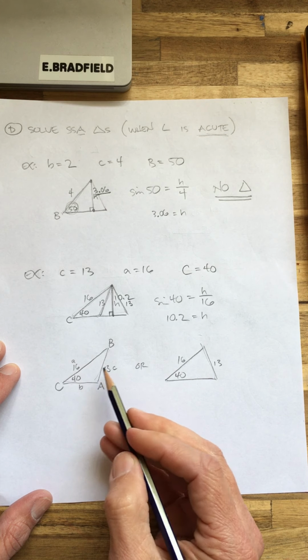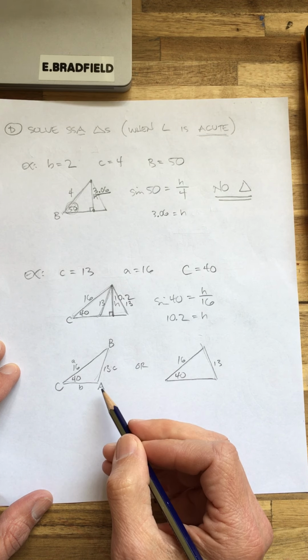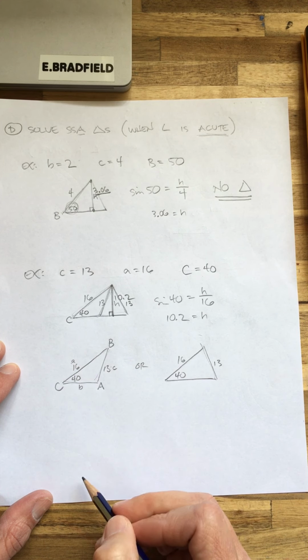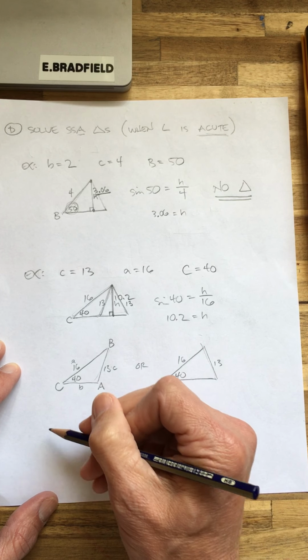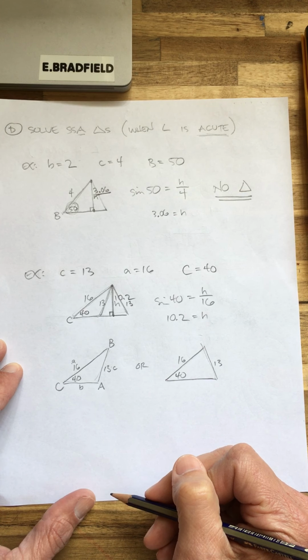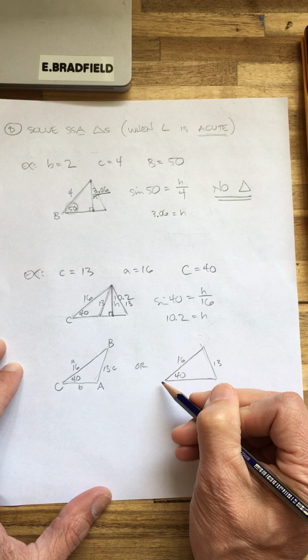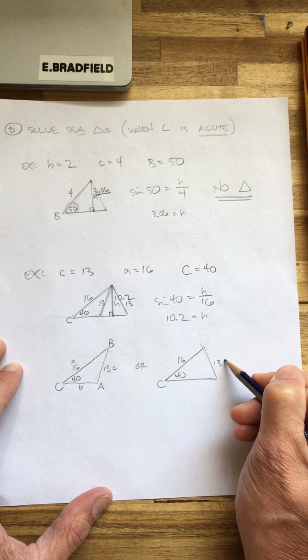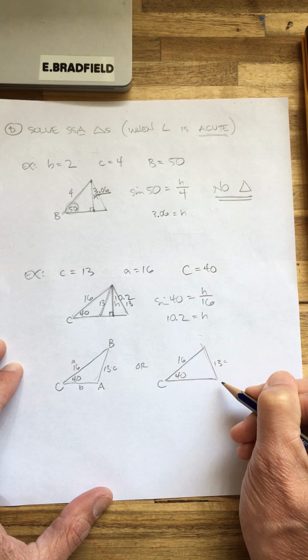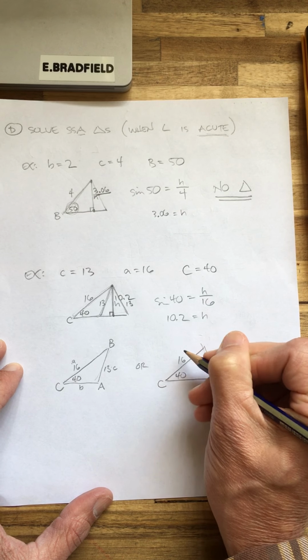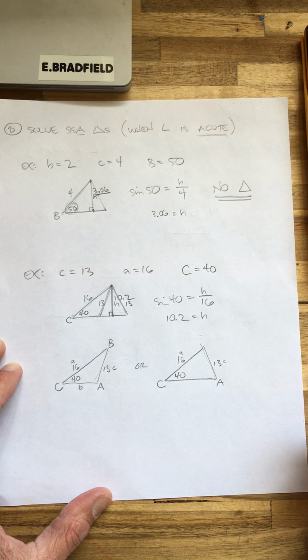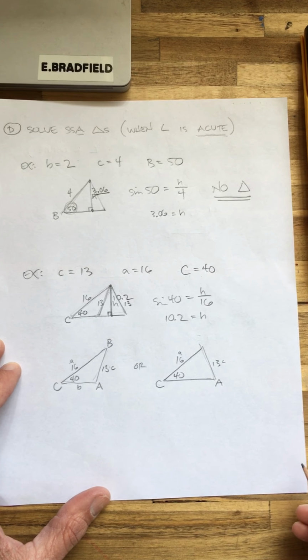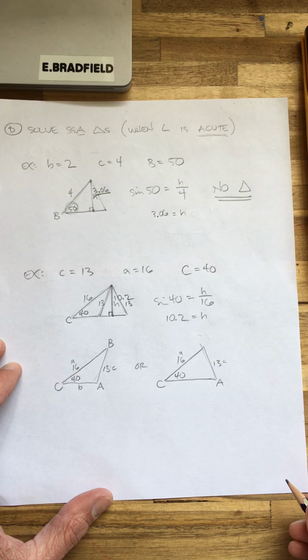Sine of 40 over 13 equals sine of A over 16, and solve it, and then solve for the other one. So you're going to do two different equations, and then over here you're going to have to do the sine of 40 over 13 equals the sine of A over 16, okay? Kind of a lot of work, right? You're going to have to do it twice, okay?